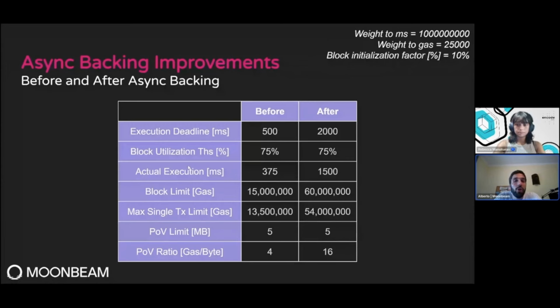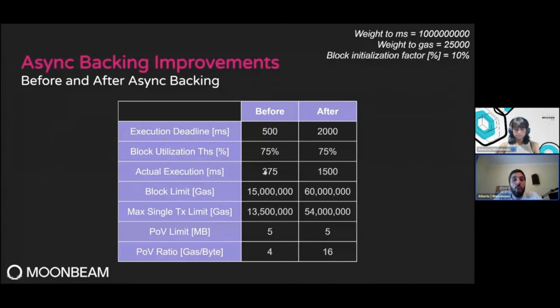There's actually something called the block utilization threshold, where you don't use all 500, you use 75% of it, which is 375 milliseconds. The other 25% is, I think, reserved for operational tasks, XCM, and other things. This means that before async backing you had 375 milliseconds, and after you had 1500 milliseconds.